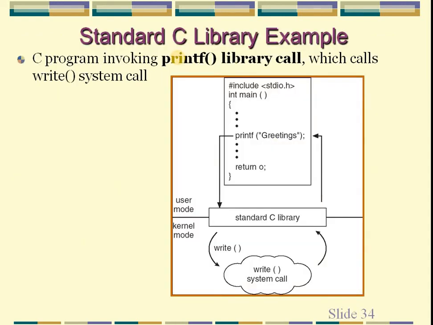This is one example of the standard C library. A system call is an interface, and it provides a high level language application program interface, written in C or C++.